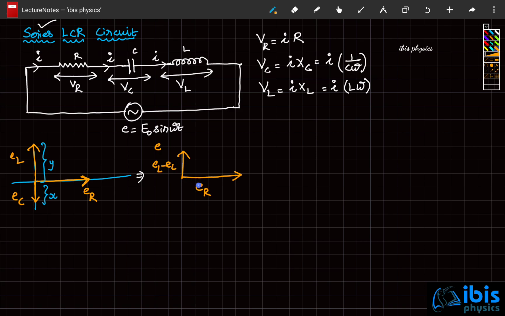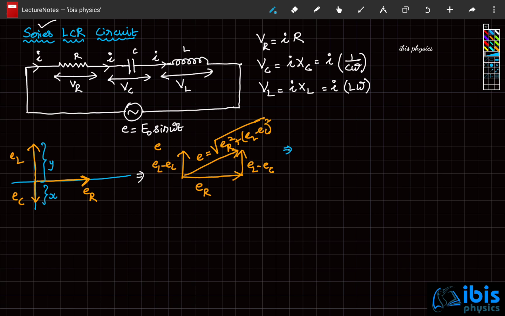So the net EMF will be the sum of these two. Since these two are 90 degrees apart, you take this arrow and keep it here, and this is the resultant EMF. So the resultant EMF will be ER, and this is EL minus EC. So this one is equal to root over ER square plus EL minus EC the whole square.